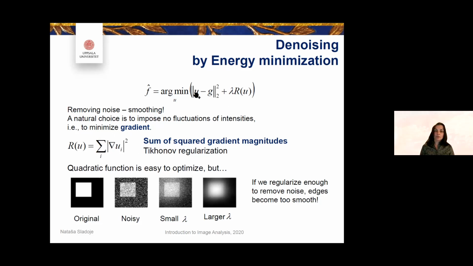So let's say that we want to come to an image that is close to the one that we have, but also has this minimized gradient. It has attenuated high fluctuations. So this is what we're looking for.